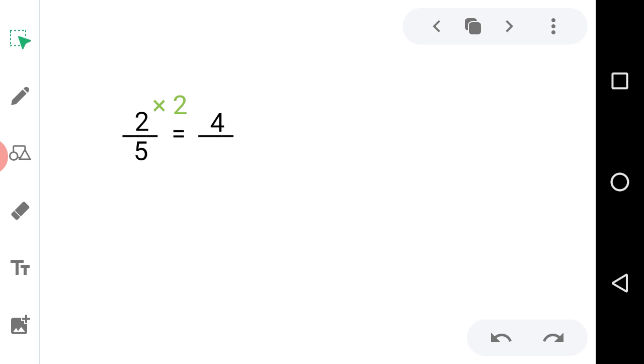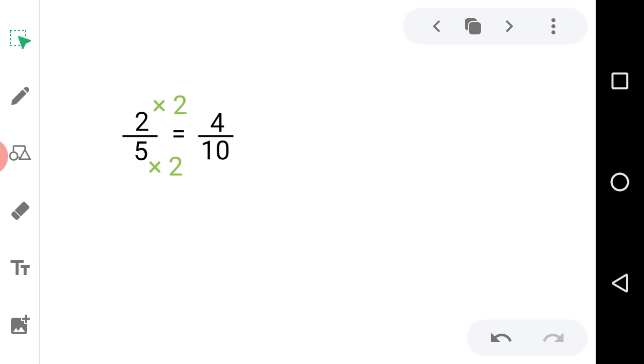What number do we need to multiply 5 with? By the same number. Here, we need to multiply 5 with 2. 5 2s are 10. So here we get the fraction 4 upon 10. And 4 upon 10 is an equivalent fraction of 2 upon 5.